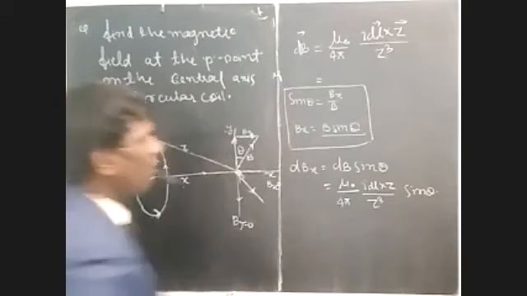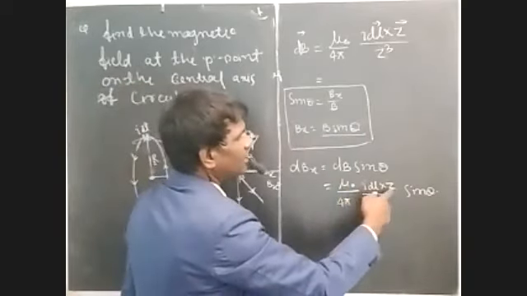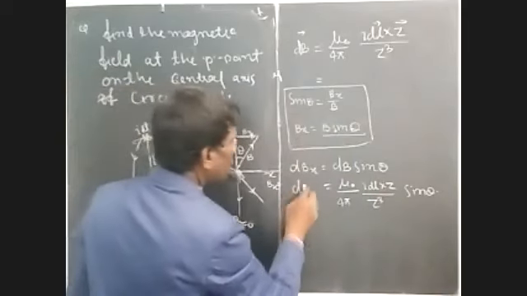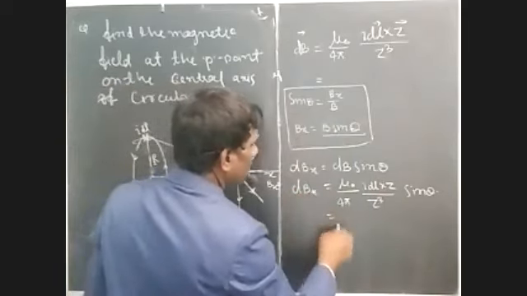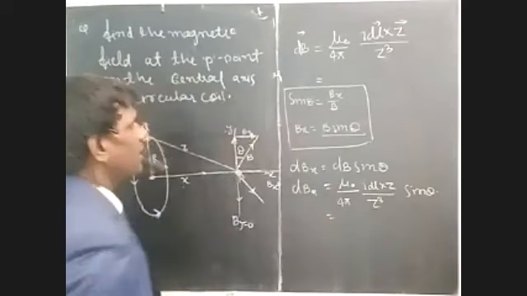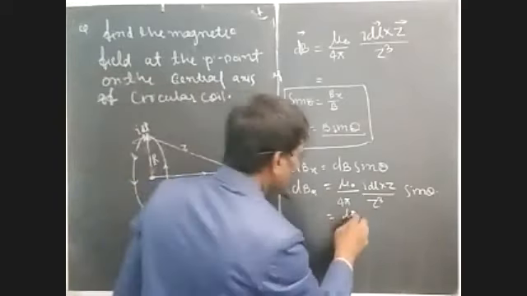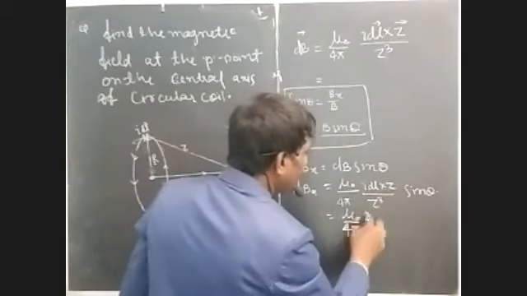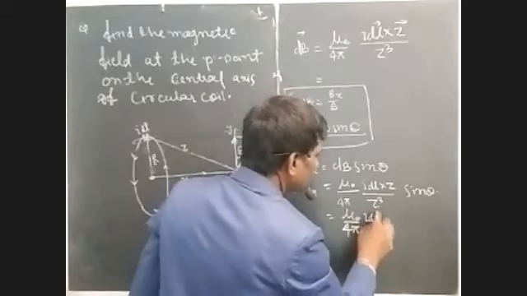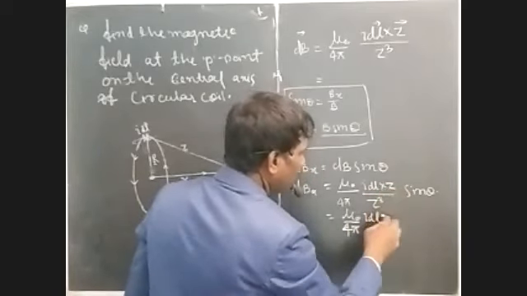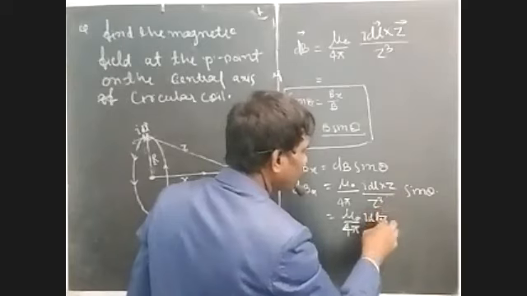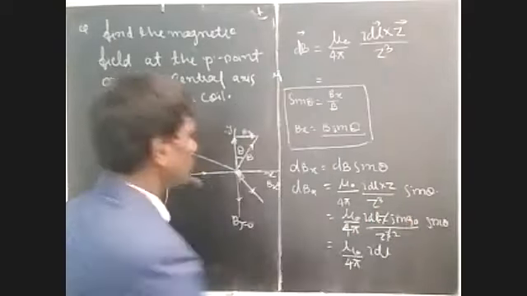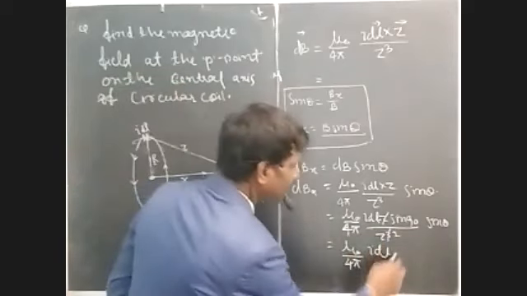The angle between IdL and Z is always 90 degrees. Therefore, we are going to write it in magnitude form. So you write mu naught upon 4 pi, IdL, and Z is now multiplied in magnitude with sine 90 degrees, because what we see here, IdL cross Z is cancelled.